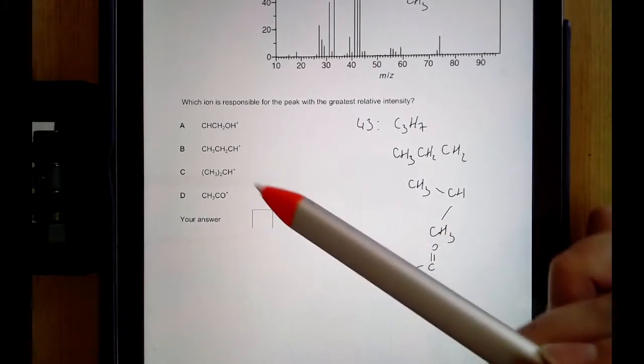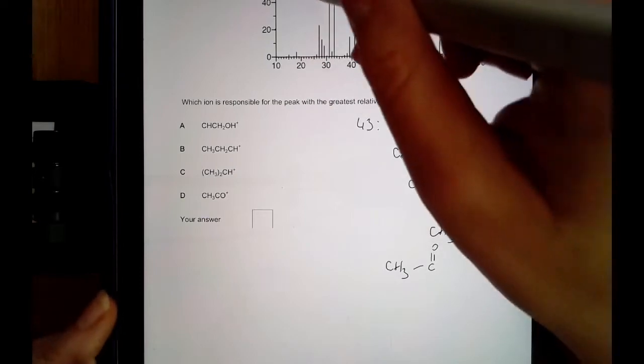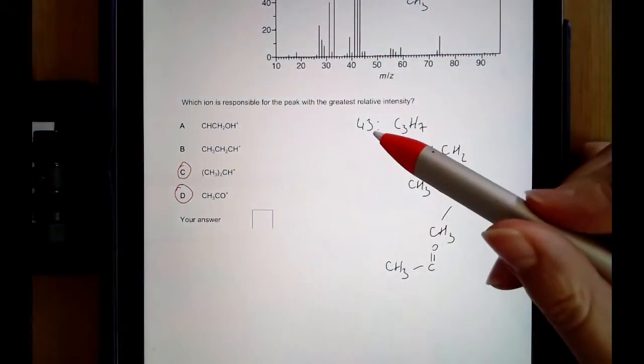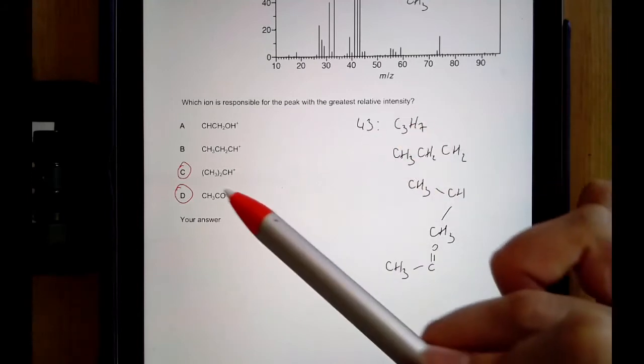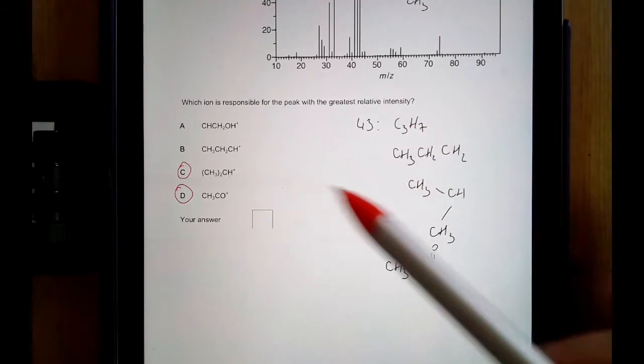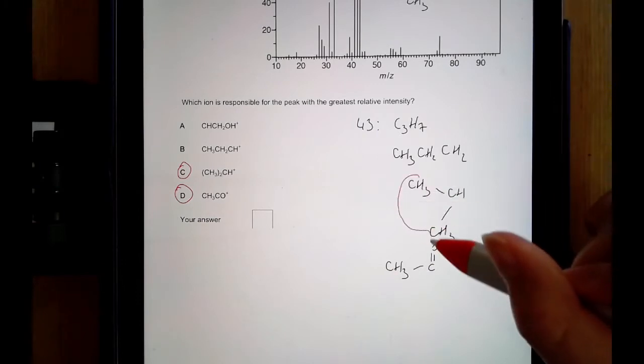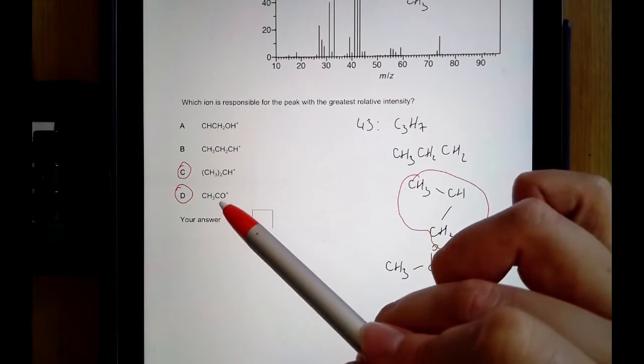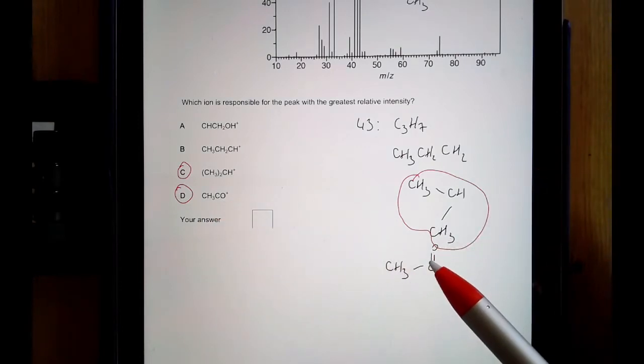If you look at your possible answers, you can see that you've got 2 answers that do fit the mass. I've got a CH3 times 2 bonded to a CH, which is C3H7, that has a mass of 43. And I've also got a CH3CO, which would have a mass of 43.